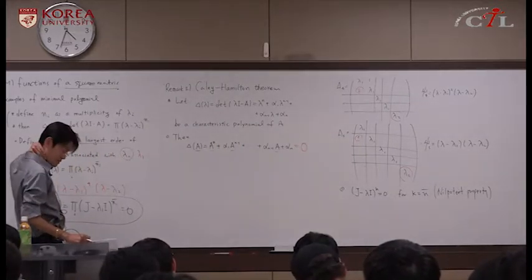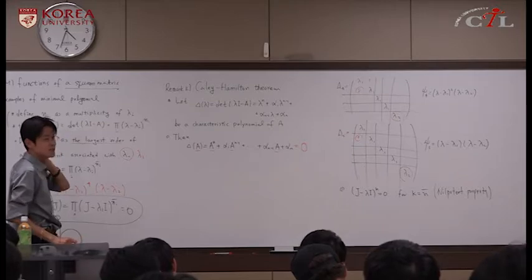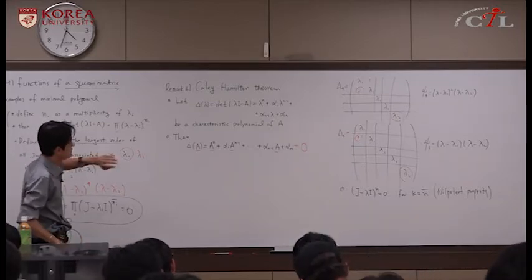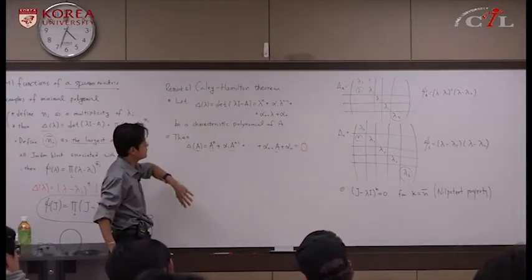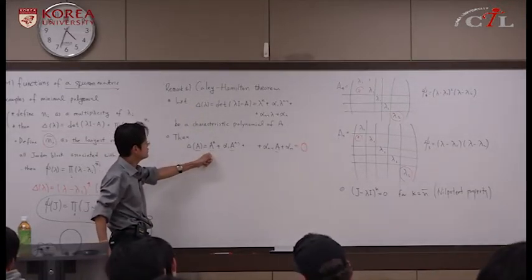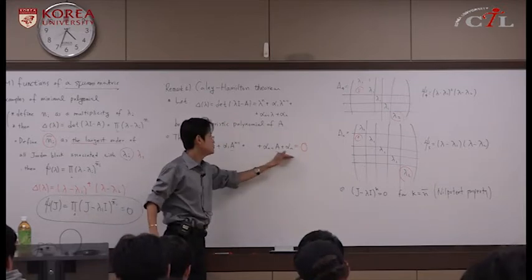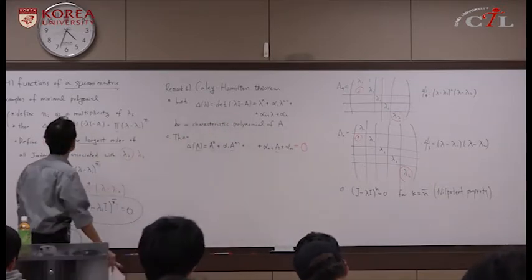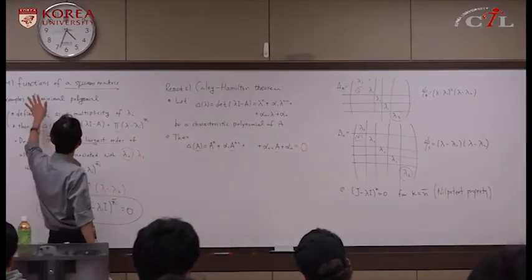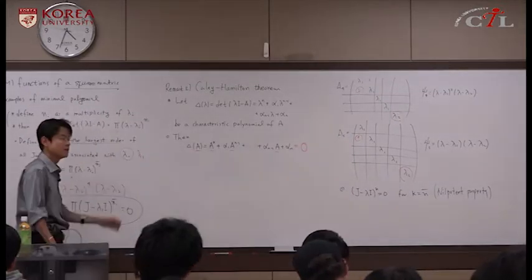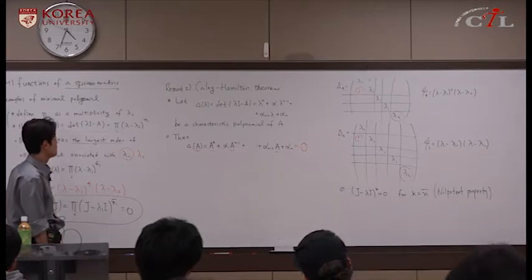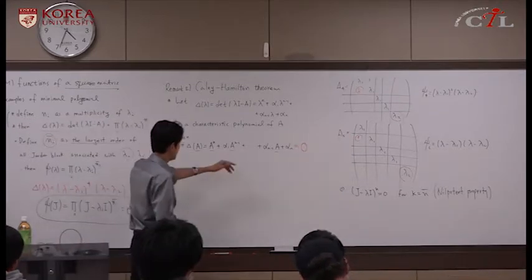That's quite surprising, right? This characteristic polynomial gives a polynomial function where if we put A instead of lambda, the matrix combination goes to nothing. So this is, I may say, one of the functions of a square matrix that gives nothing.